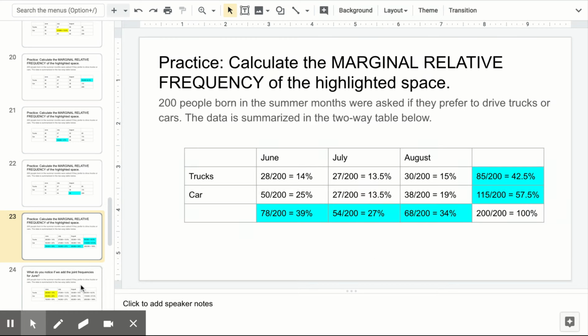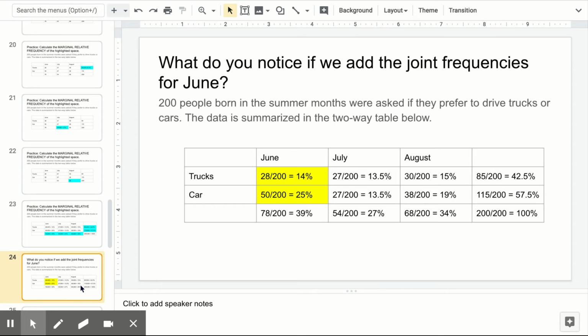Okay, so now it's time to talk about what patterns we see. We're going to look at the month of June. It's going to be a free response question, and I just want you to tell me what you notice happens if we add the joint frequencies for June.